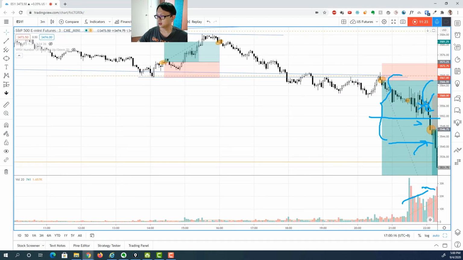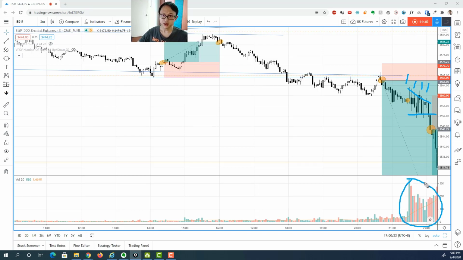So you can see that we have another consolidation, a very slight consolidation here. So this is the consolidation, and we see some of the rejection tail. But anyway, we've seen that there is a lot of volume generated here.